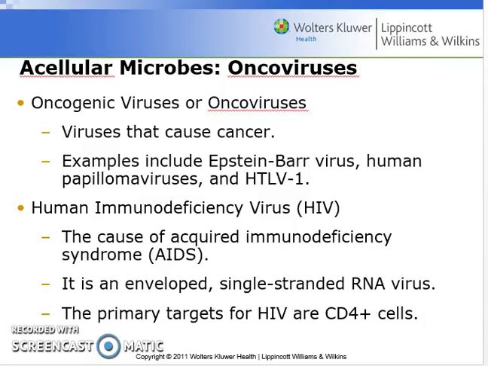Examples are the Epstein-Barr virus, the human papillomavirus, and the HTLV-1 virus, which is linked to leukemia. The human immunodeficiency virus, also known as HIV, is another retrovirus, because it develops acquired immune deficiencies in patients, which we refer to as AIDS.